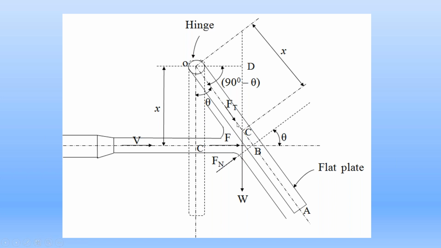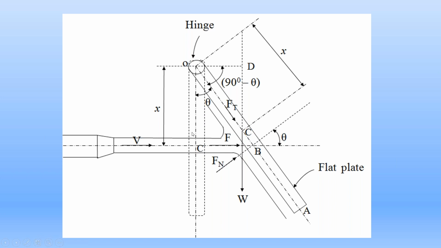So after the deflection, the water jet strikes the plate at point B. Take the weight of the metal plate as W. The weight of the metal plate always acts from the center of the plate. C is the center of the metal plate.